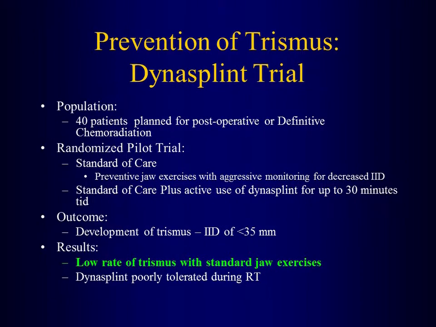There have been a number of trials looking at the use of techniques or jaw stretching devices like the Therabite or the Dynasplint to see if we can prevent the development of trismus, and the answer is no. These techniques do not help prevent trismus. Routine jaw stretching does just as well as these jaw stretching devices. However, once trismus is present, jaw stretching devices can help significantly.